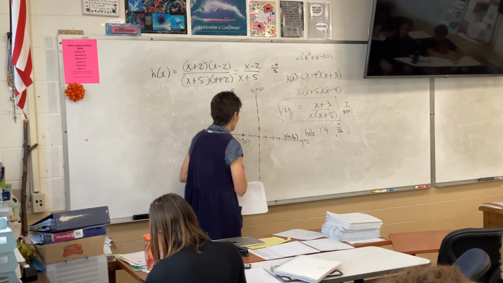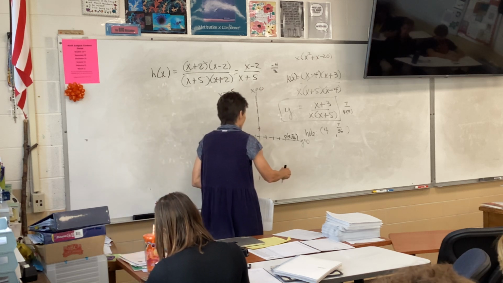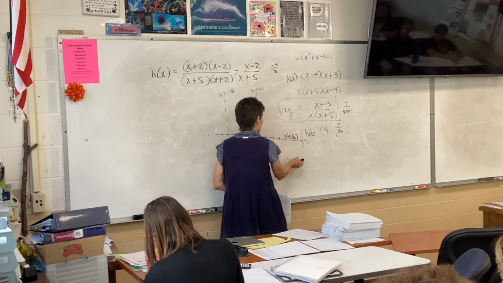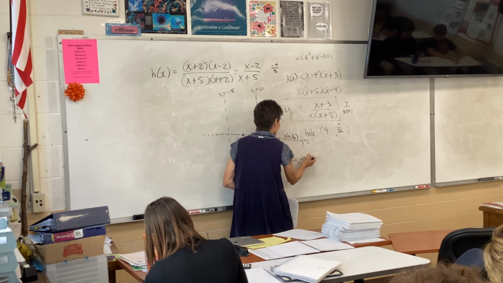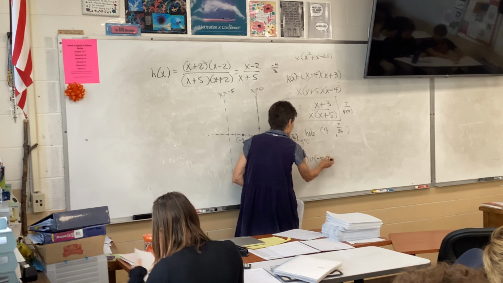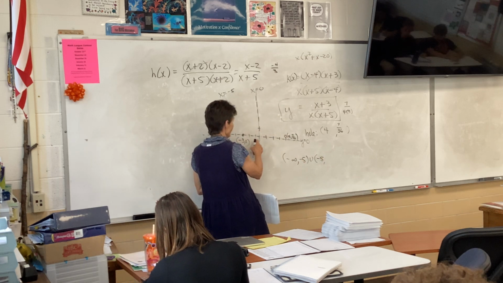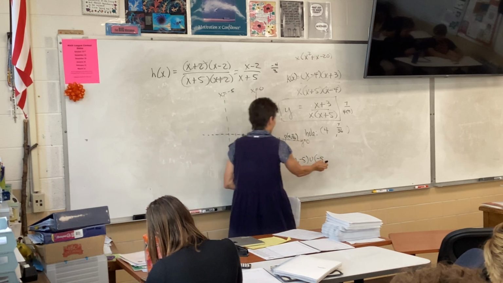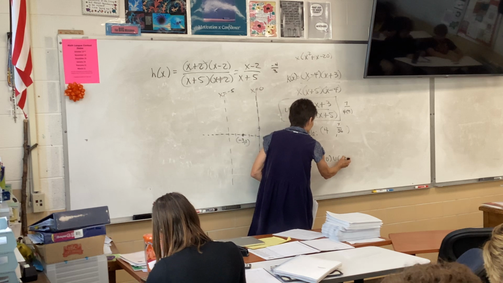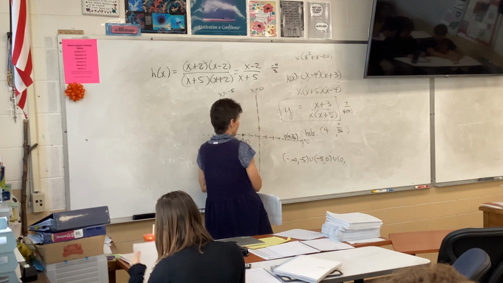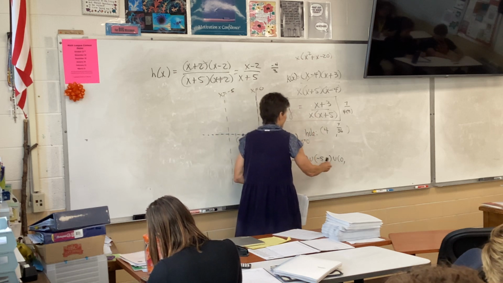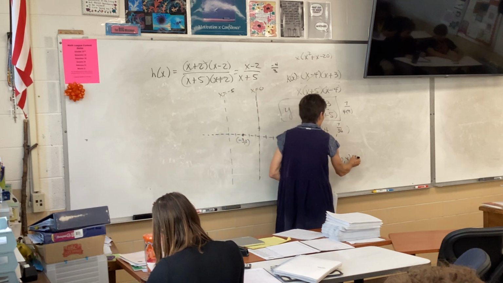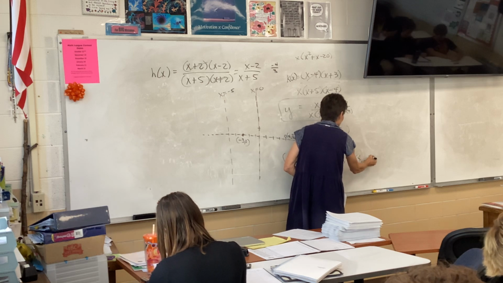Okay, what's my domain? Negative infinity to negative 5, negative 5 to 0, 0 to 4, and then 4 to infinity.